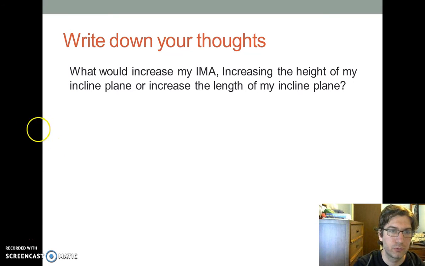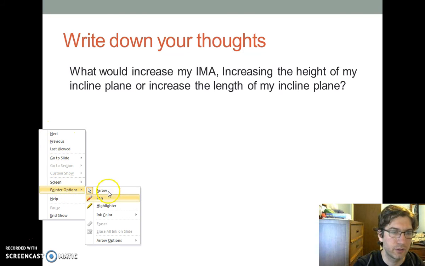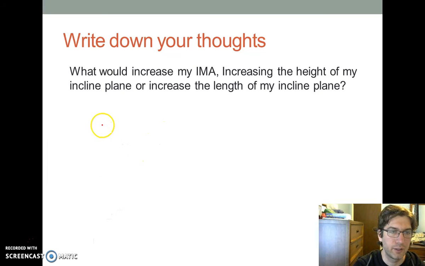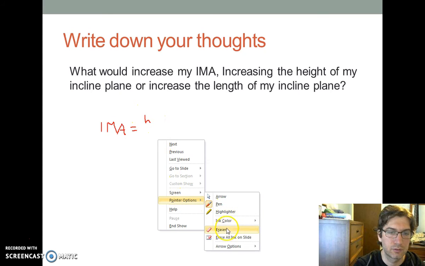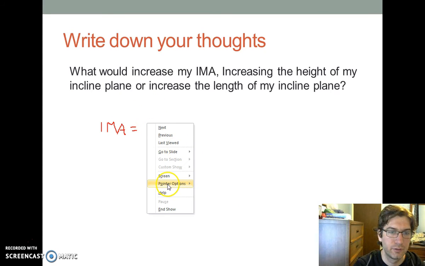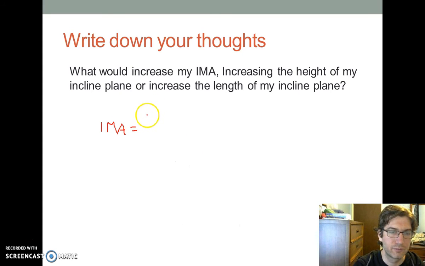So if I were to quickly get my pen here and think about my IMA, remember your IMA is equal to the distance of your ramp over your height, really.